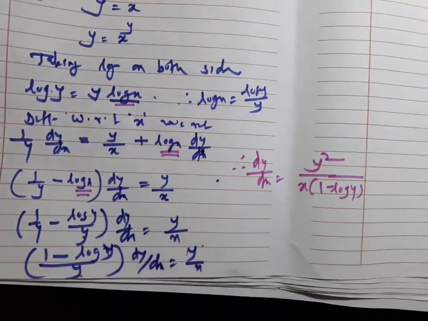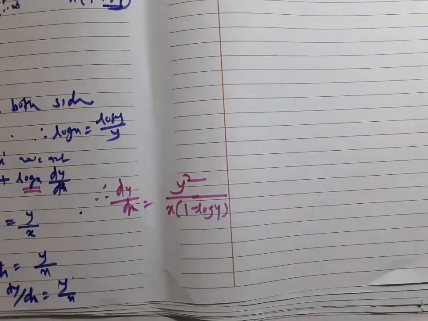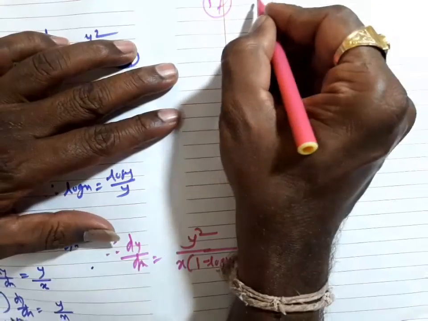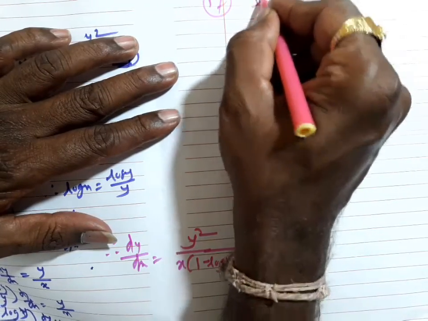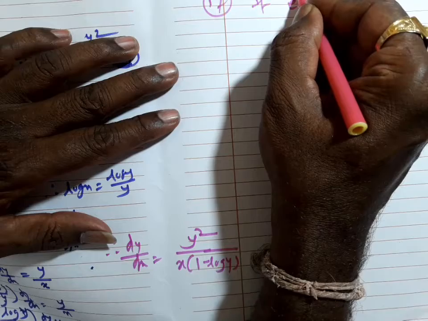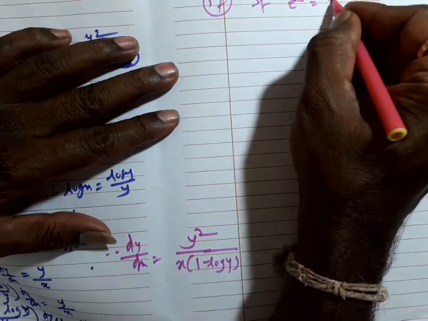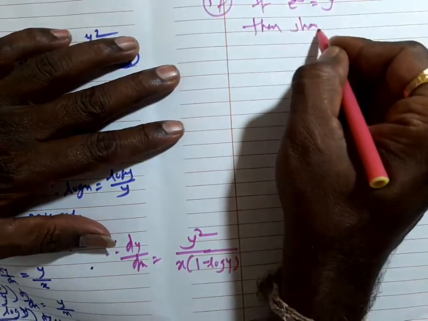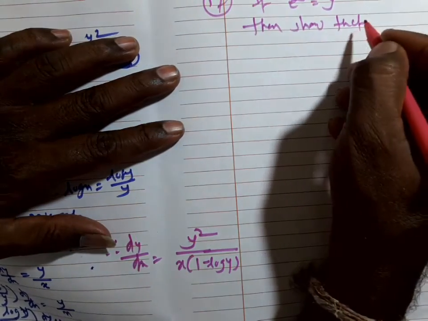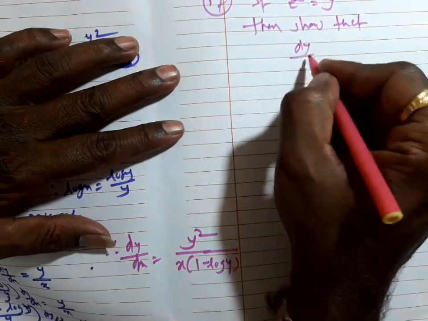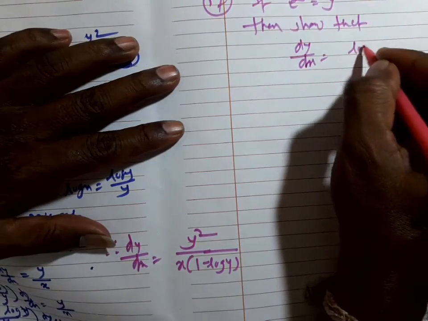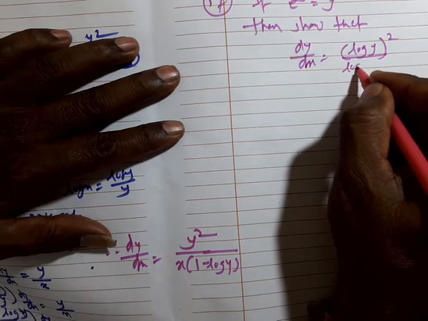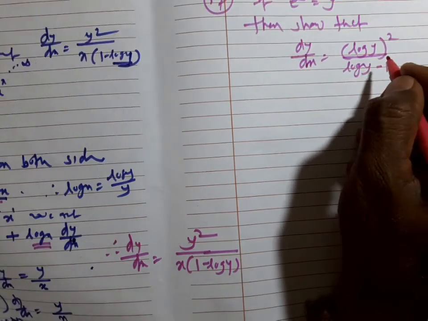This is problem number 16. And this pattern, the last problem I'm taking, that is problem number 17. If e raised to y is equal to y raised to x, then show that dy by dx is log y square upon 1 minus log y.